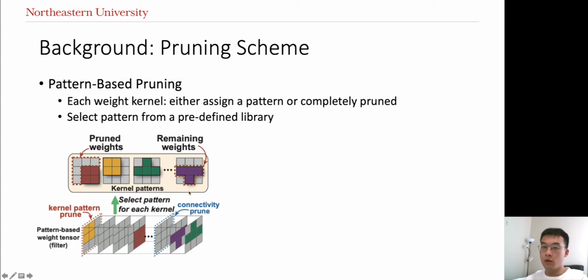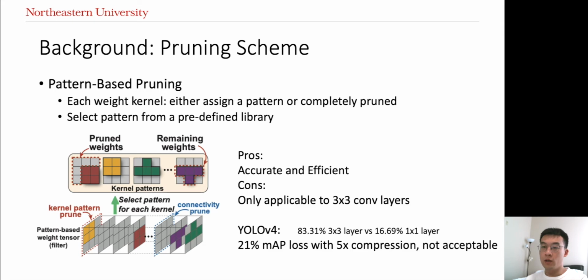Pattern-based pruning simultaneously preserves the accuracy and the hardware performance due to its flexibility, but it is only applicable to 3x3 convolution layers. Our YOLOv4 has 83% 3x3 layers. Even if we remove all the 3x3 weights, it can only achieve the compression rate of 5.9 times. In practice, with only 5 times compression, the mAP drops by over 20%, and this is not acceptable.